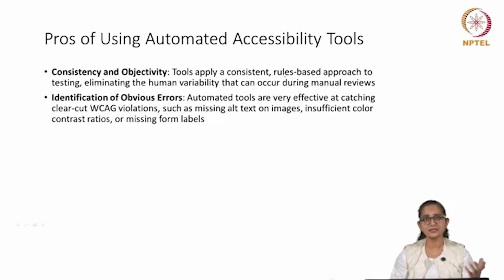For example, I think we discussed this earlier, sometimes we may just look at the interface and feel, yeah, this looks nice, the color contrast looks fine, because it seems like a high contrast, so I don't think it will be a problem. But although it may seem obvious just by looking at it, it may be failing the criteria by a small percentage.